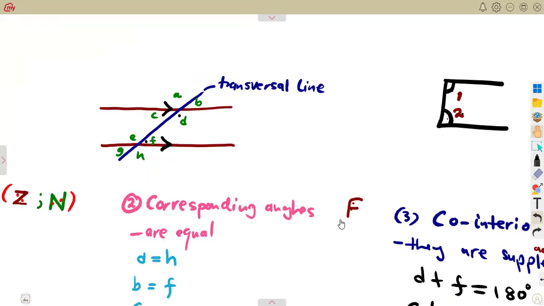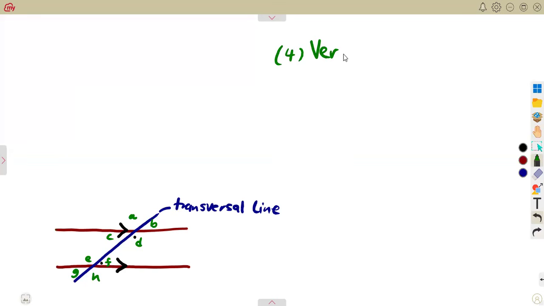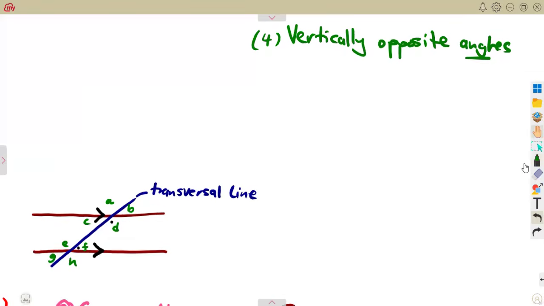And also we have the last type of angles that are created from these lines, which we talked about previously. Remember when we talked about the vertically opposite angles. You also see that they are created by the transversal line that we are seeing here.